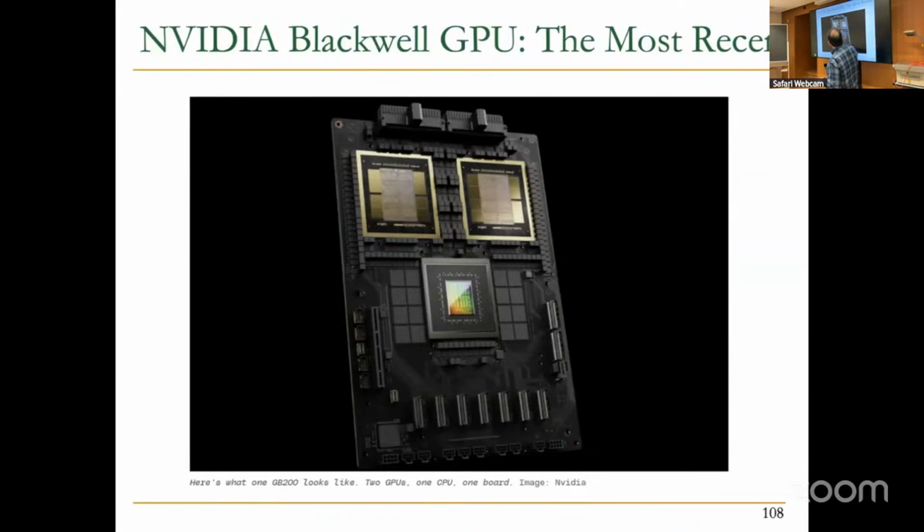This is, for example, one of the architectures that they announced, which I guess they call a super chip, with two Blackwell chips, which I believe are the B200 version, and also a CPU chip. This is quite powerful. And they can combine these super chips in a cluster and make a supercomputer out of it.